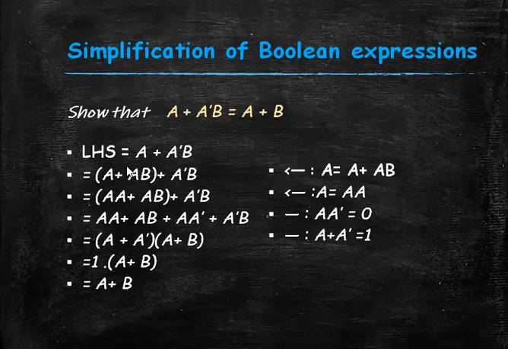When we make some mistake, the result must be very different. It is the demerit of this method of simplification, that is Boolean algebra.